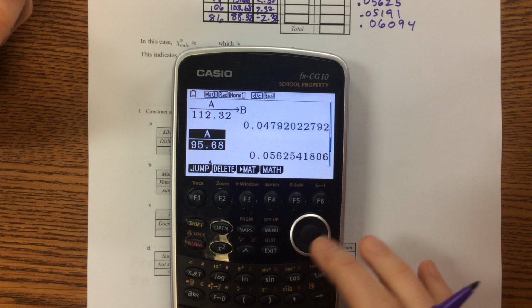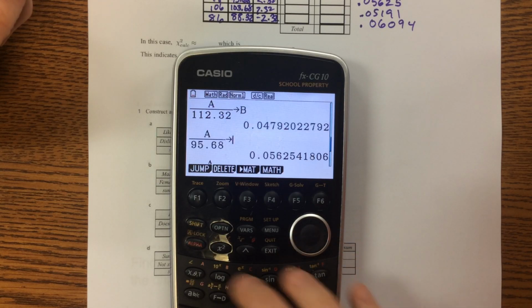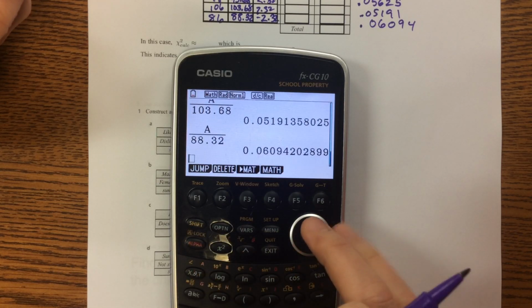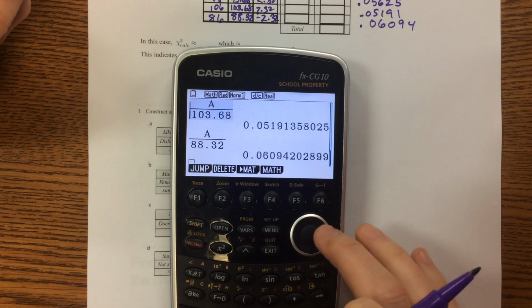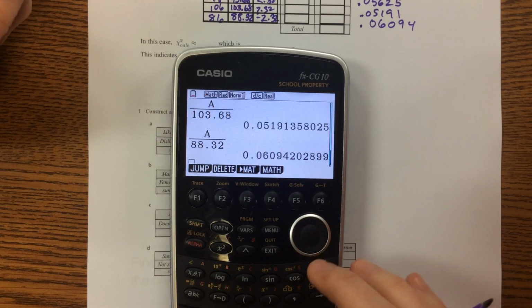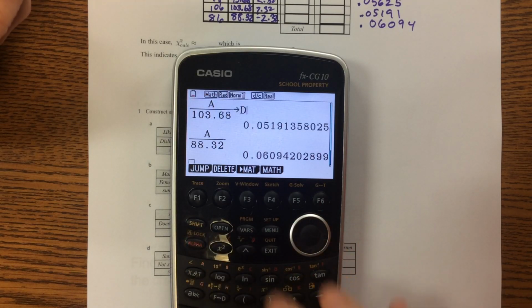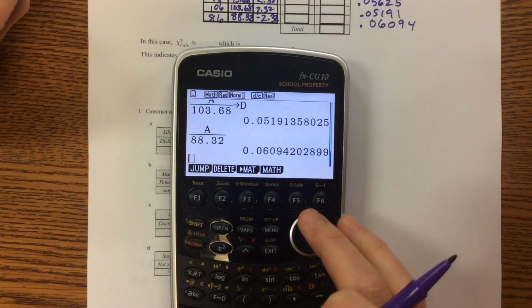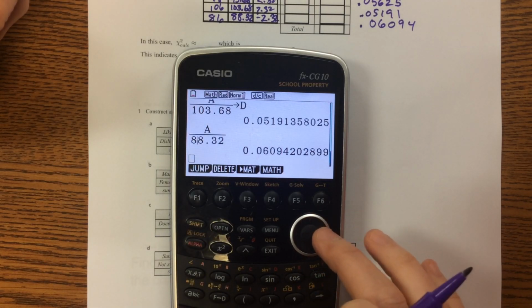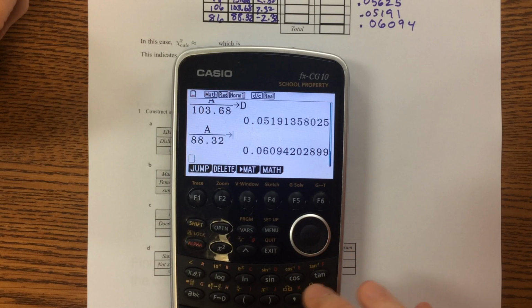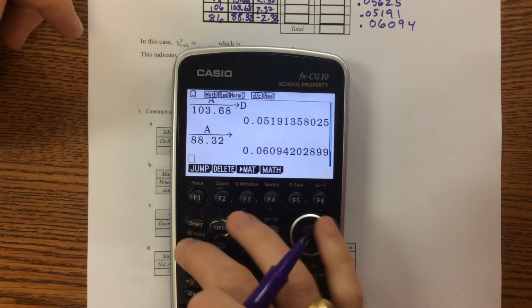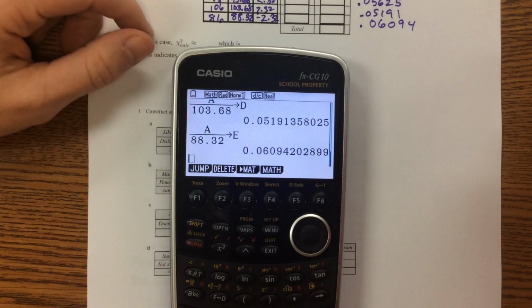I can store this one as C. And then my calculator is remembering more decimals than I care to write down. I'm going to store this one as D. I have one more. I'm going to store this one as E.